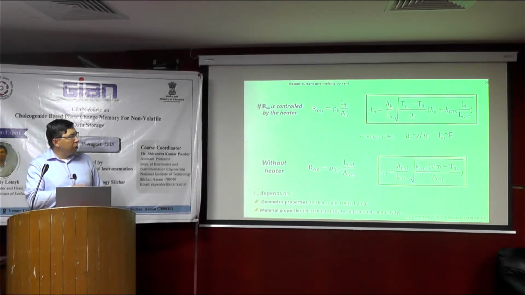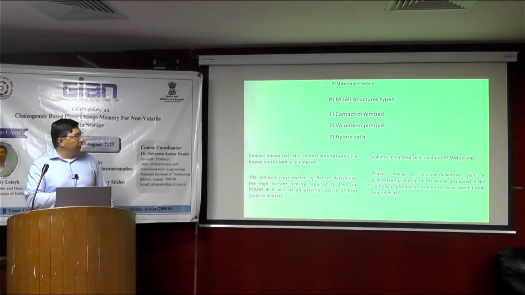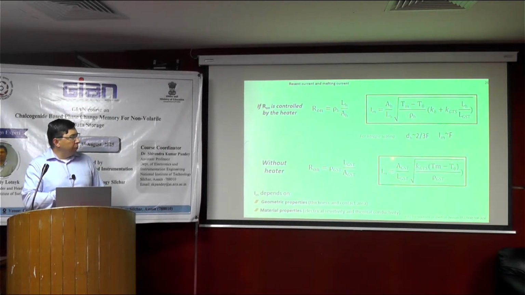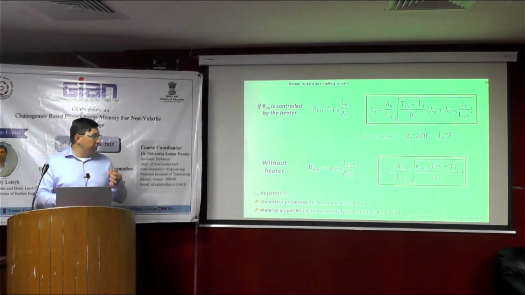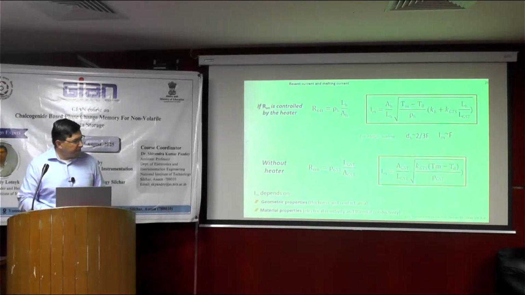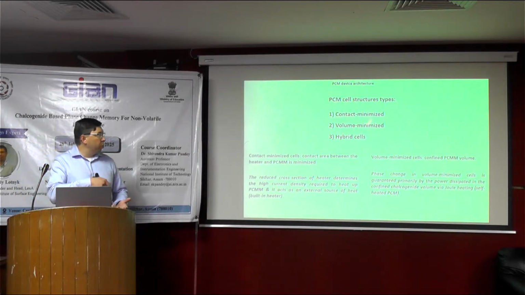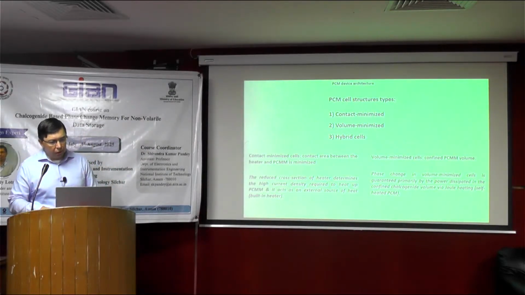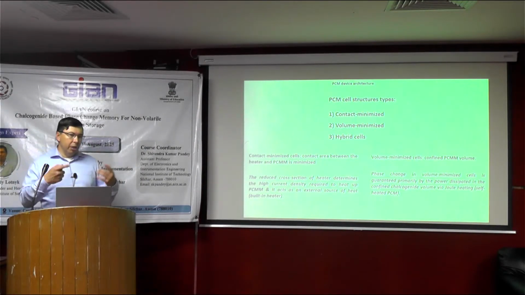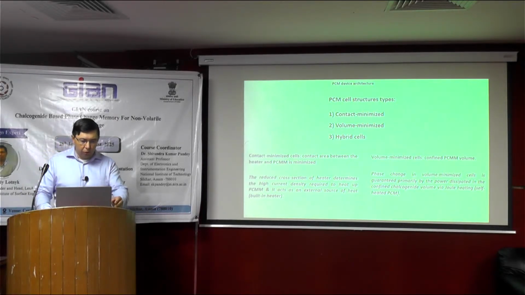So you are trying to reduce the contact of your device, and in the second, volume minimized, you try to reduce the volume of your phase change materials. And of course, you can think about how to combine the benefits of two cell structure designs to get the best benefit of your device.